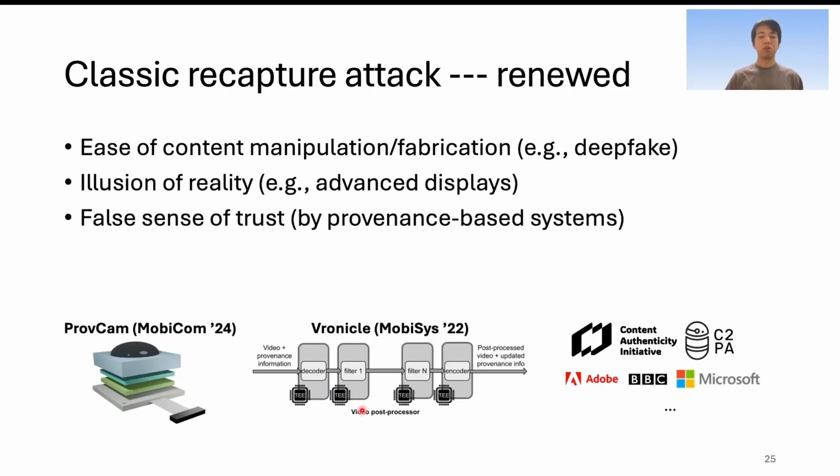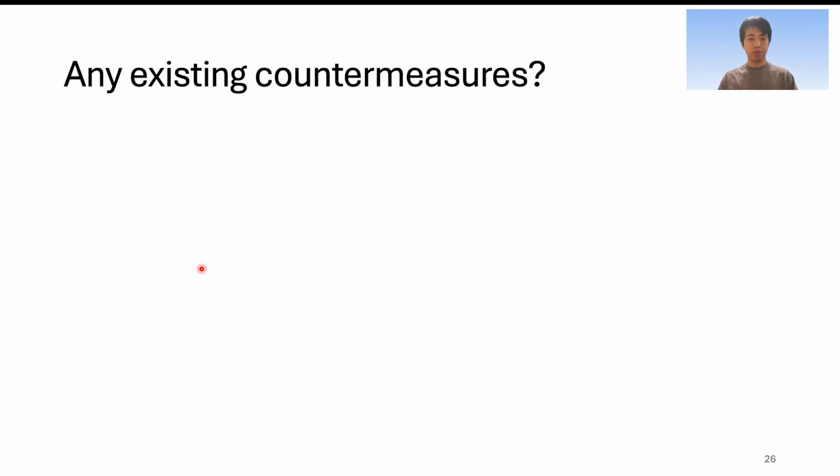Third, which is also the most important point, with the widespread introduction of provenance-based systems, people are going to start to have a false sense of trust towards all content that has provenance. So, recapture attack is not new.